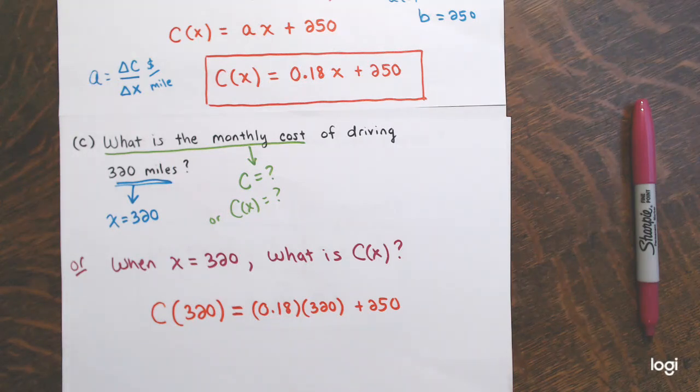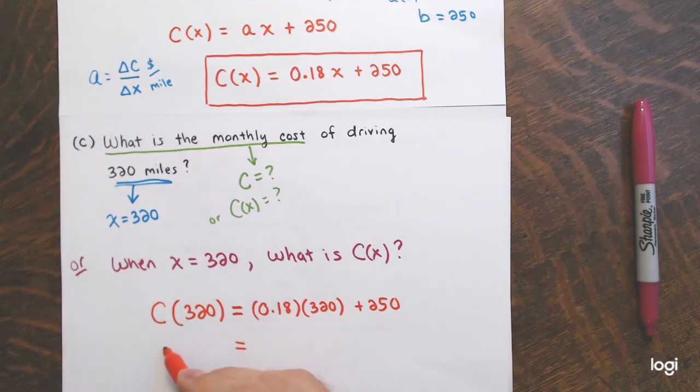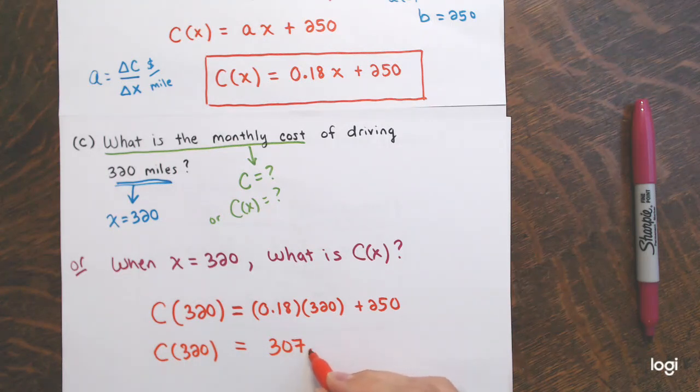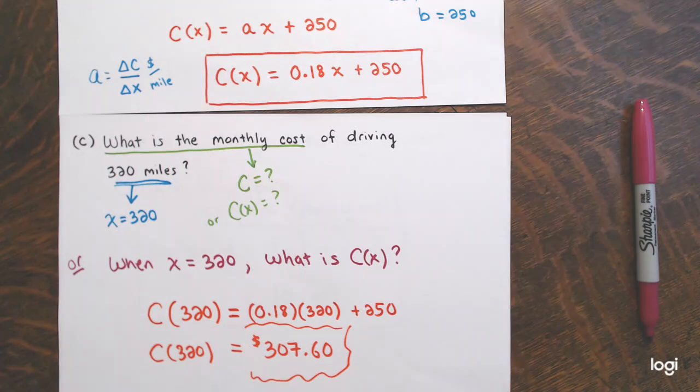So 0.18 times 320 plus 250. So the cost of driving 320 miles is $307.60. Remember, this is a cost. I could put the little units on there if you want, but that's not the answer. I want to write it in a complete sentence.